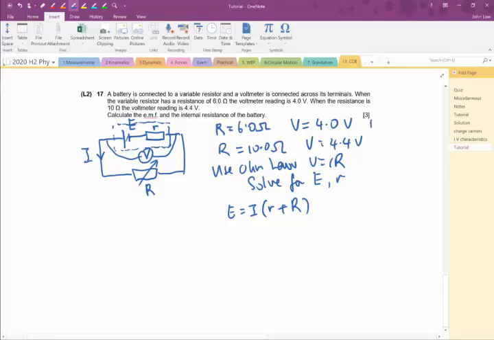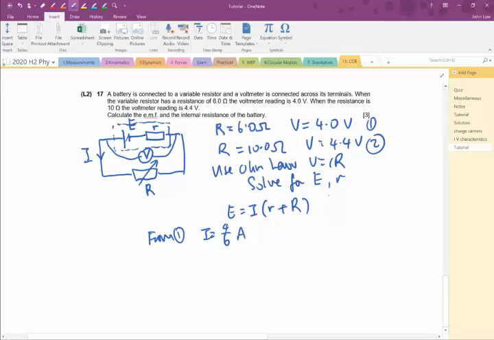From the first scenario, we can calculate the current I that is flowing in the circuit when the big R has a value of 6. From 1, using Ohm's law, I is equal to 4 over 6 amps.